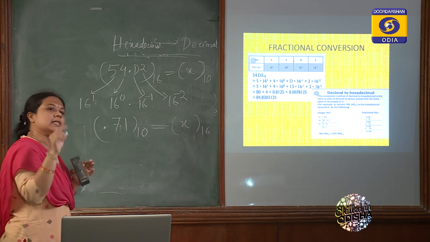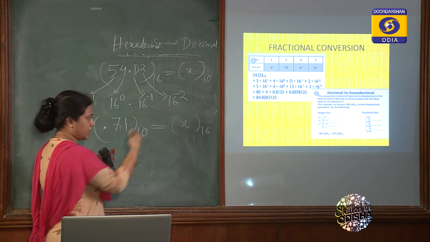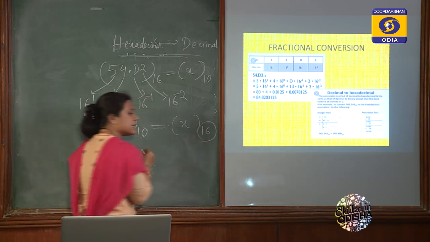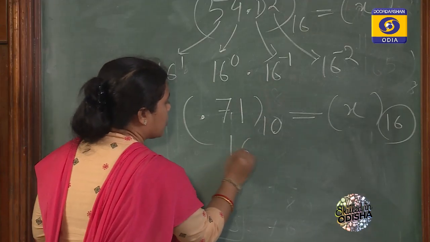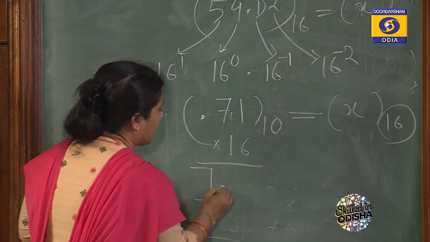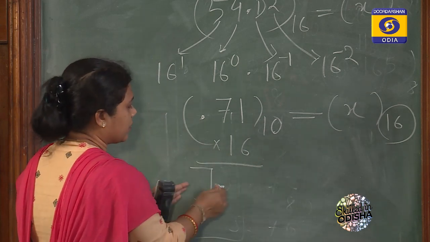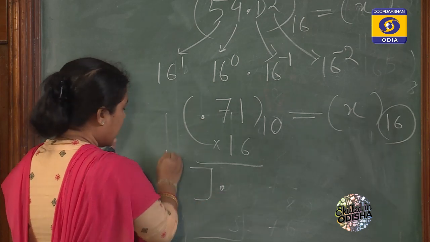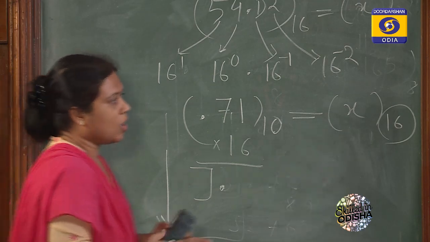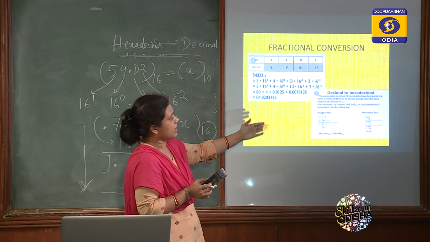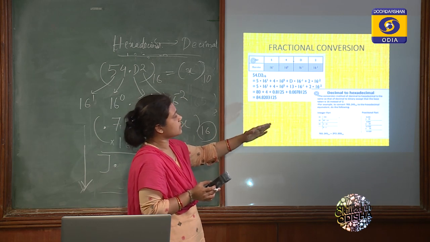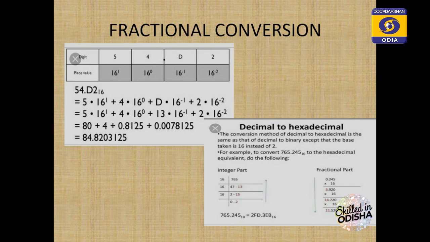In the same way, as I told you in the previous example, I have to multiply by 16 until it becomes 0, separating the digit before the decimal point each time. You can see that example: multiplied with 16, before the decimal it comes 3. In the second multiplication it comes 14. In the next it comes 11. And I have to find the equivalent hexadecimal notation.